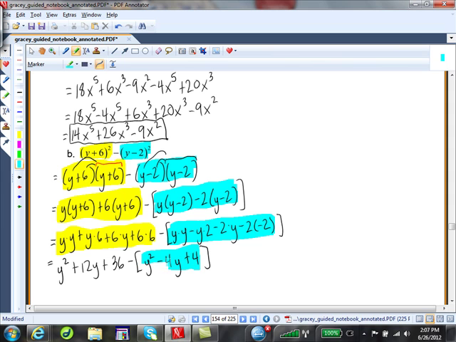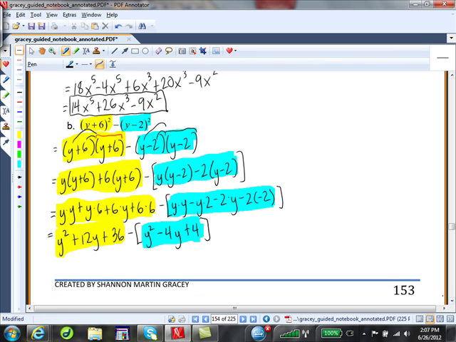So this is the blue, but we still have to distribute that minus through, and this is the end of the yellow. So here we go. We will have y squared plus 12y plus 36 minus y squared plus 4y minus 4.